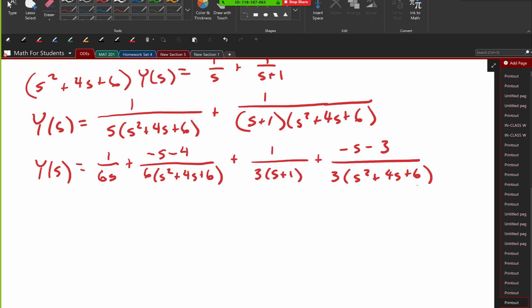Okay, so notice that two of these are like terms and I can add them together. So if I added these two, well, let's go ahead and write out the two non-quadratic terms.